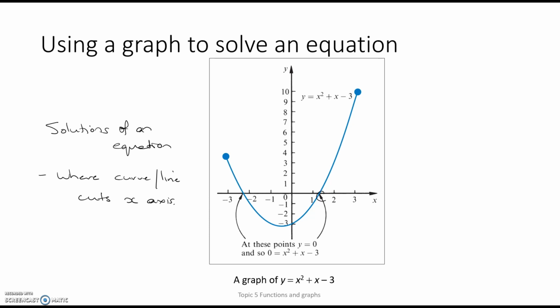So in this case, the solutions of x squared plus x minus 3 equals 0 are x equals, I don't know, 1 and a bit, maybe 1 and a sixth, I don't know without working it out, but it's 1 and a little bit. Or -2 and a bit, maybe -2.5. Hard to say from the graph, but you can read them off the graph.